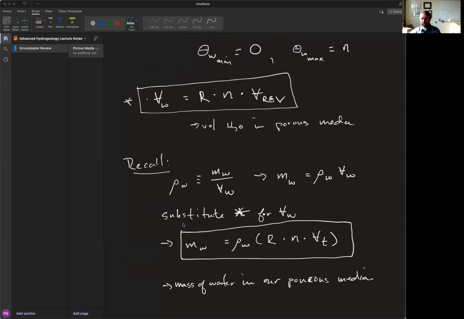We're going to do a lot of stuff with mass balance and conserving mass in a porous media. Understanding how we move from a volume of water to the mass of water is just a density term. This lecture was hopefully useful in helping you get your mind back thinking about porous media and the volume and mass budgets of water in porous media.